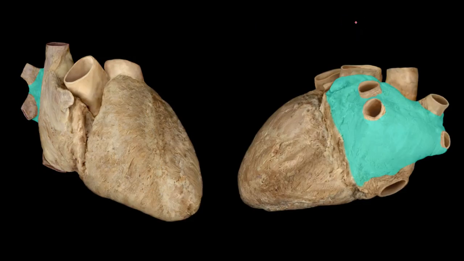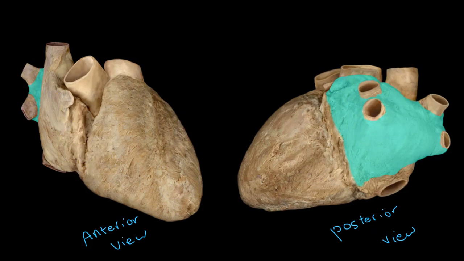Next, you can see 2 views of the heart. On this one, you have the anterior view of the heart, and this is the posterior view of the heart. And you should be able to find which part of the heart is highlighted.